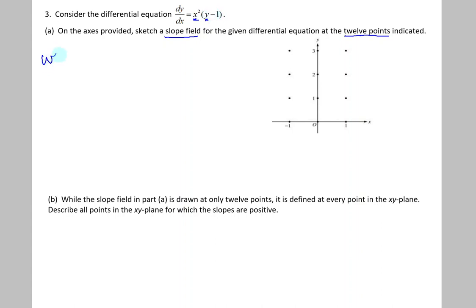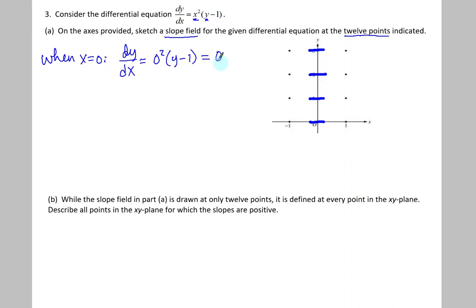So I could think about when x equals 0 and not have to worry about what y is going to equal, because dy/dx equals 0 squared times y minus 1, which will be, no matter what y is, equal to 0. So when I go to graph the slope lines, anywhere x equals 0, it's going to be a slope of 0. So a little horizontal segment at each of these places where x equals 0.